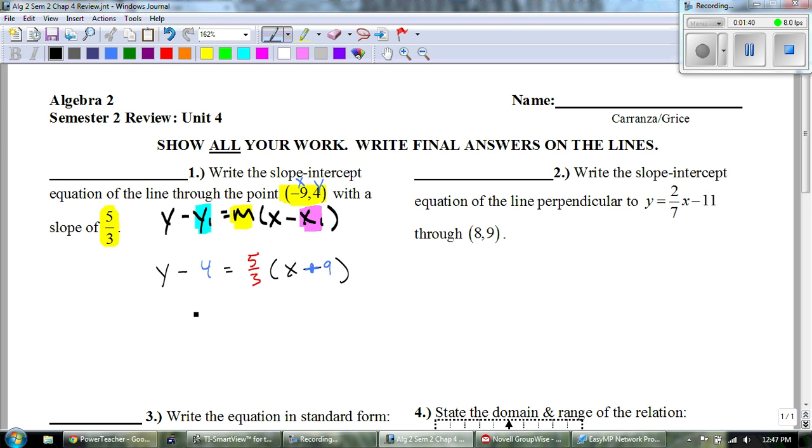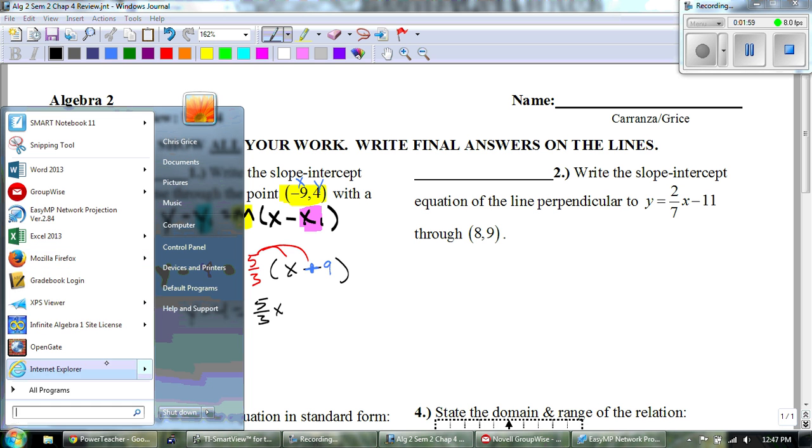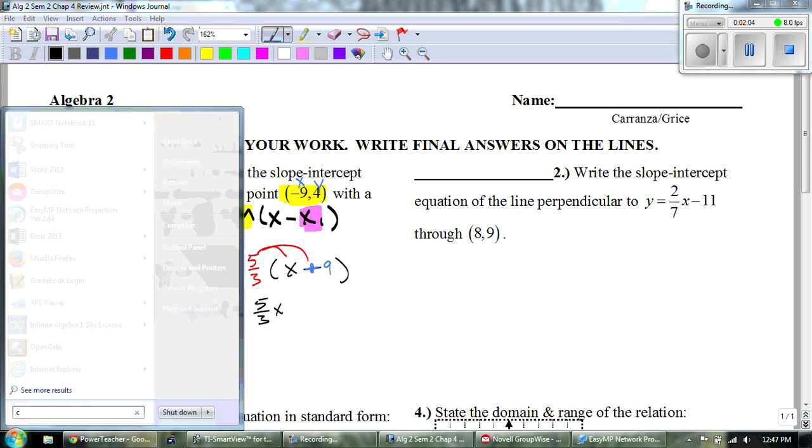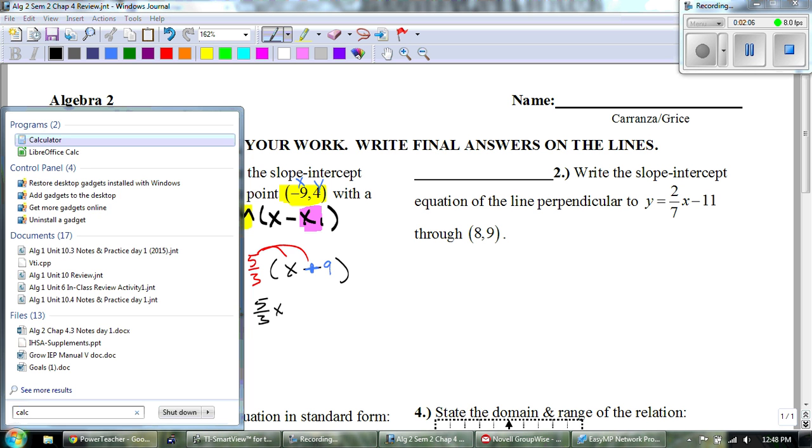Okay, now the first part of the equation stays the same, but then we need to distribute. So we get 5/3 x, and then you need to do 5/3 times 9. Now, depending on what calculator you have, if you have just a little baby calculator, I'm getting mine out.